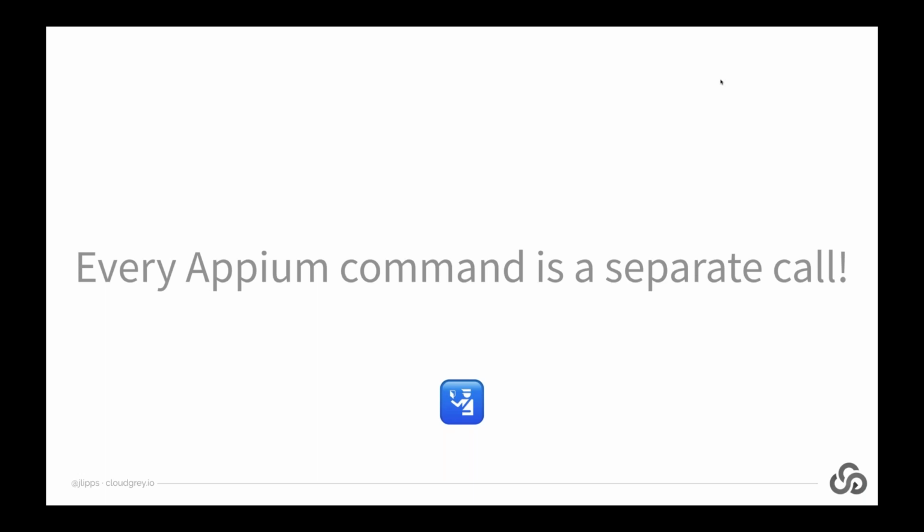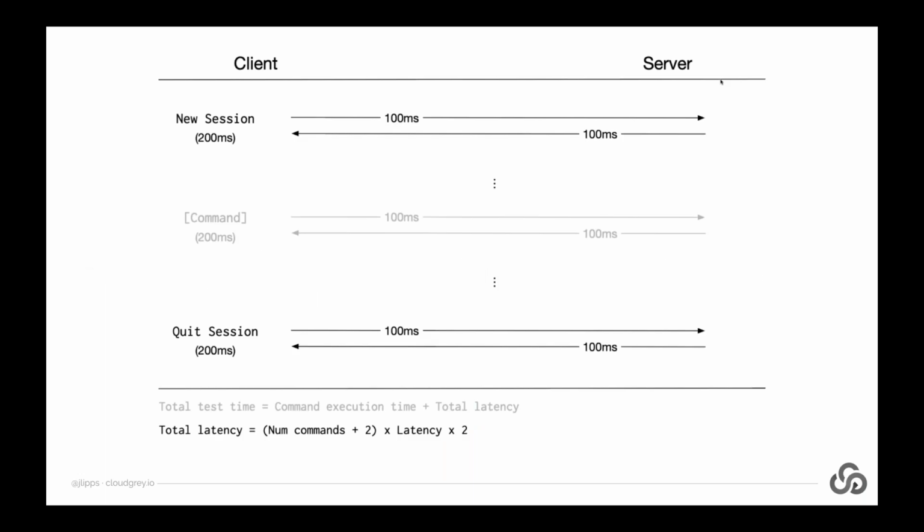So you don't really notice any problems there. But imagine if the Appium servers across the world, now every command that you execute in your test script is triggering an HTTP request that's having to traverse the global internet all the way around the world, which can be a bit time consuming. So let's take a look at this in a little bit more detail.